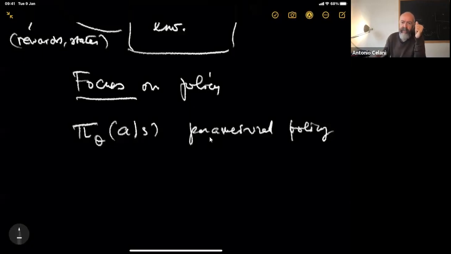So the idea is pretty much the same as parameterizing the Q function or the value function in general, but now focused on the notion of a parameterized policy.